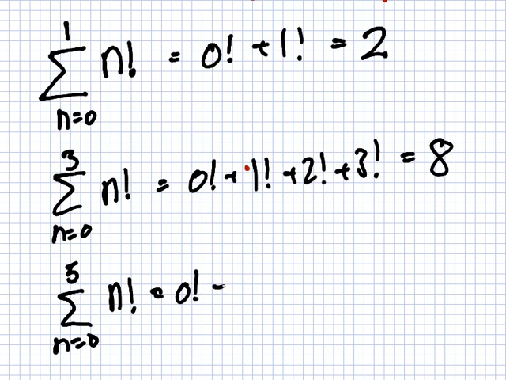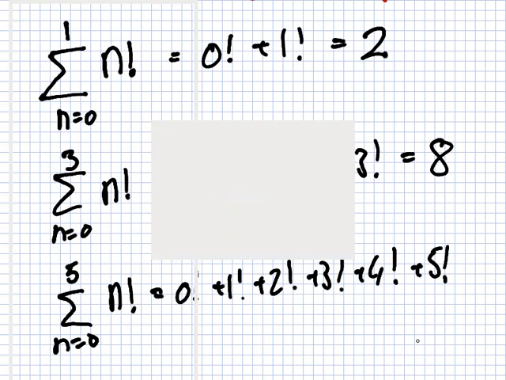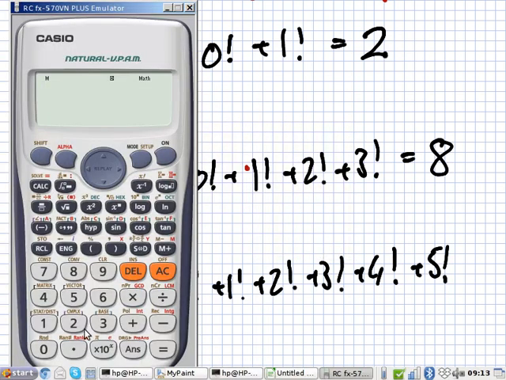Okay, 0, 1, 2, 3, 4, 5, 8 plus 10, 30, 38, is it? Let's check. Where the heck's my factorial button?